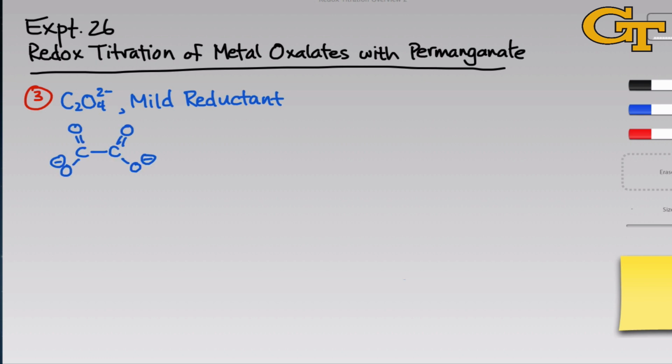The Lewis structure of oxalate is shown for you here, and oxalate can form 2 molecules of carbon dioxide, which are gaseous and can float away, and it can release a certain number of electrons in the process. Again, I'll let you fill in the exact number of electrons here. This corresponds to an oxidation of the oxalate and a reduction of whatever receives those electrons, which in our case will be permanganate.